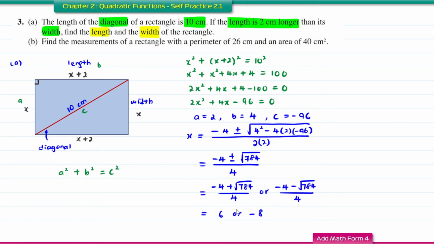Now I have two answers of x. Which one will be the correct one? Now compare it with the width that we have here. The width is x, and the width represents the length. Therefore, x is equal to 6 because the length cannot be negative.